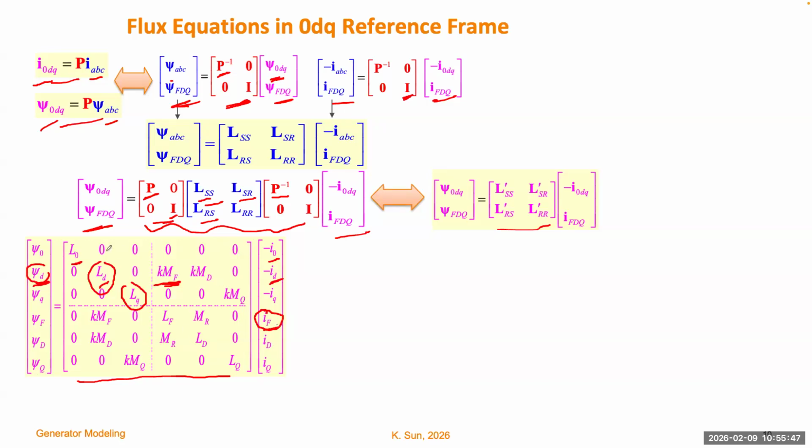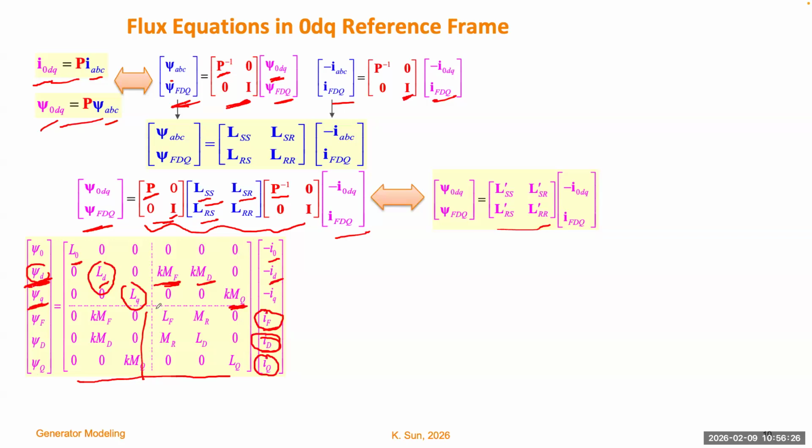So it's a mutual inductance between the stator winding in the D axis and the field winding. This one couples the stator flux linkage in the D axis and the current in the damper winding in the D axis. And this one couples the flux linkage of the stator winding in the Q axis and the damper winding in the Q axis.